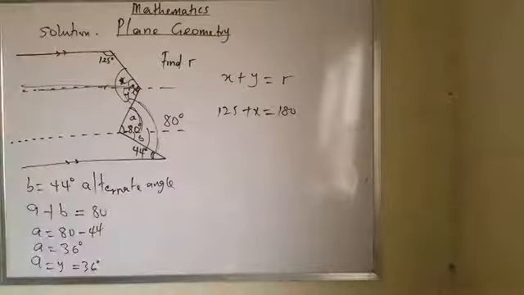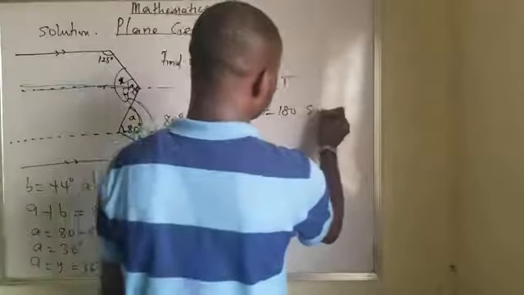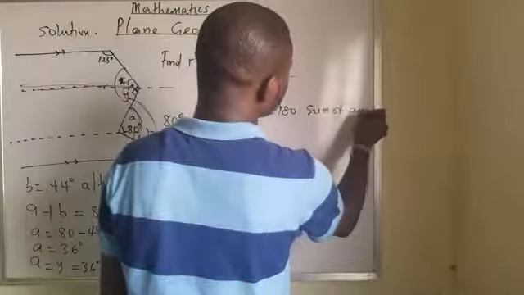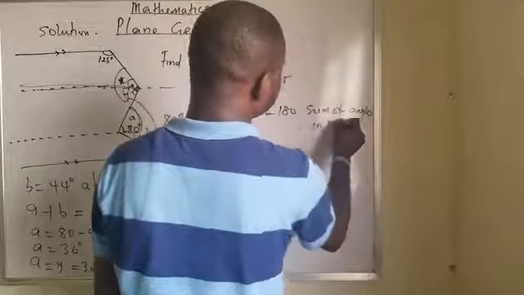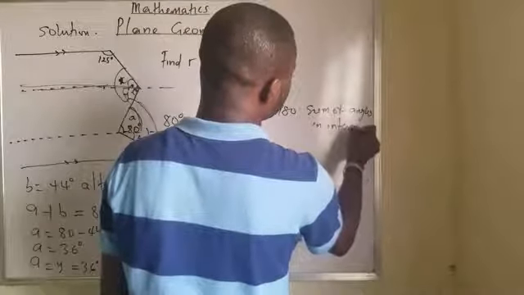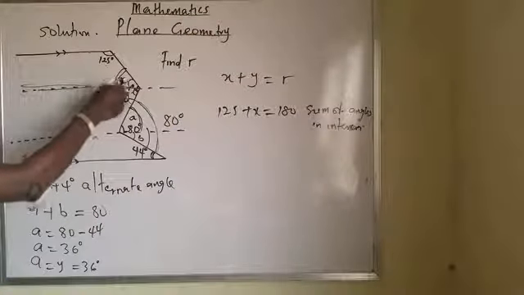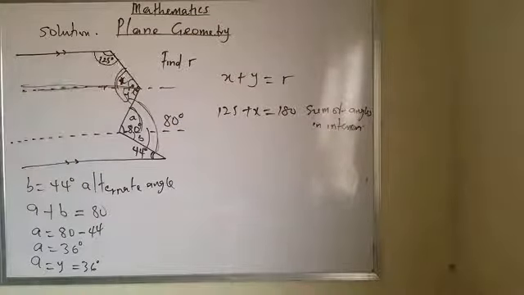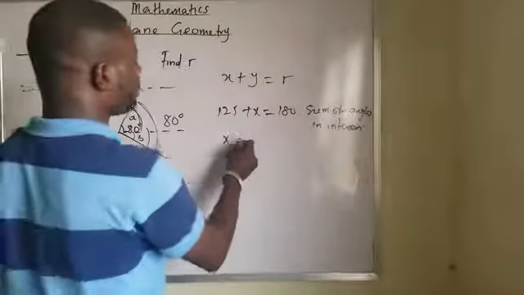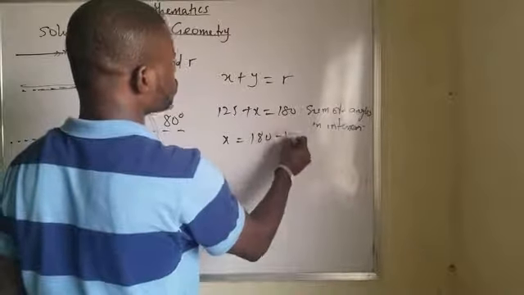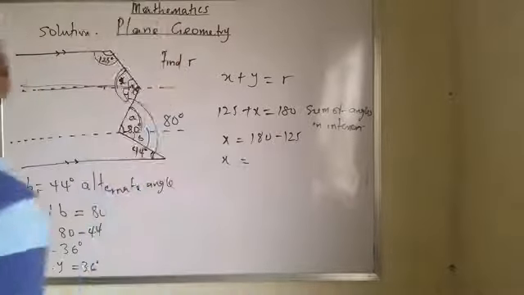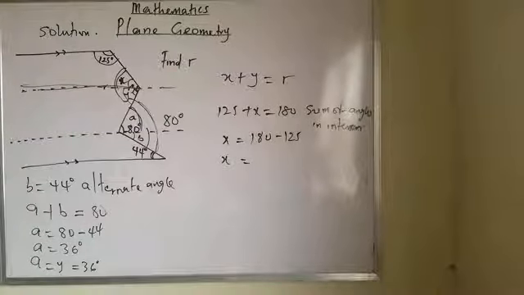That is the sum of angles in the interior. Sum of interior angles means this angle plus this angle equals 180. Since I have that, my X will be equal to 180 minus 125. My X will be 55 degrees.